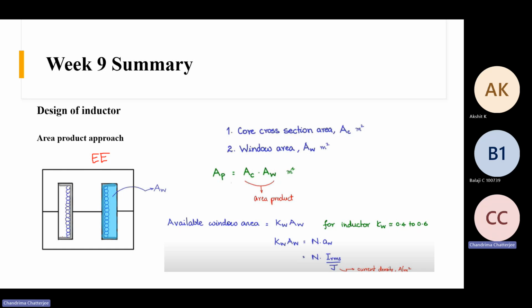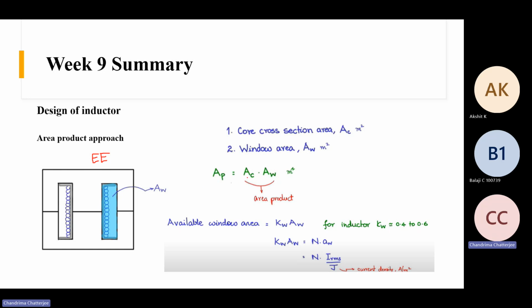And this area here, so there will be some gap here. This area and this area is called the window area, where you will basically do the winding. The winding will be around the core. To accommodate the windings, this free space is there. And cross section area we already discussed. There will be one core cross sectional area, and this is called the window area.